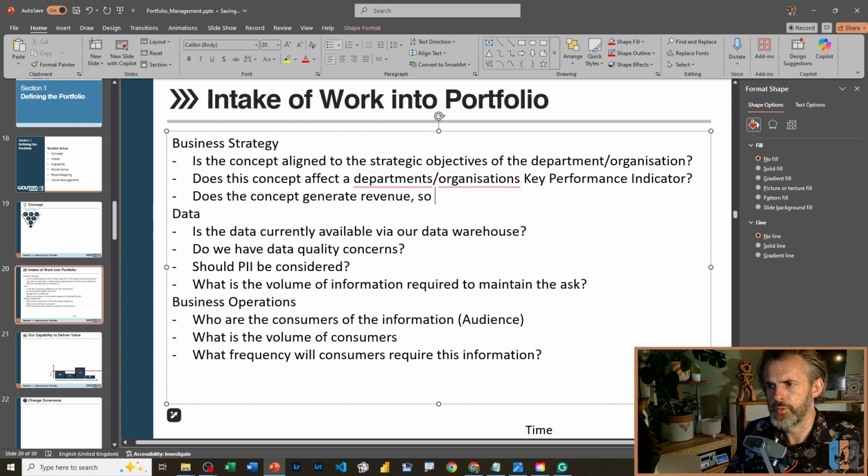Or avoid spending? So basically, is there a financial benefit to doing this? Does it generate any revenue, or are we avoiding a cost by doing this? Are we reducing our spend somewhere by implementing this?